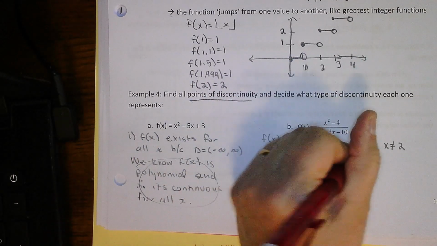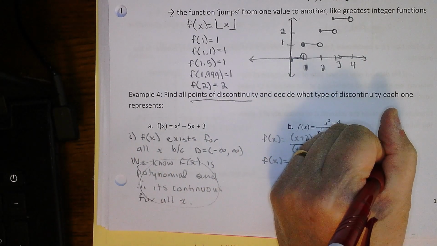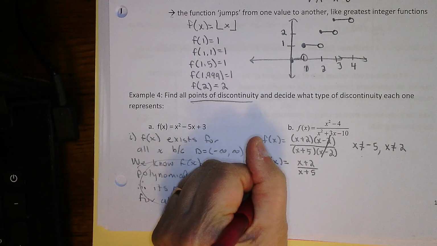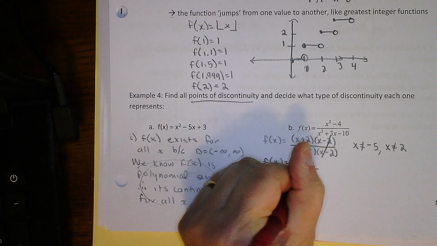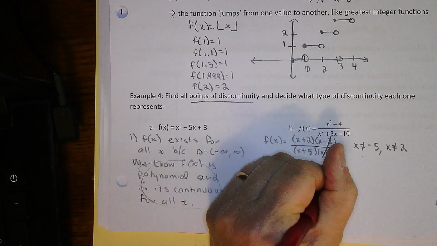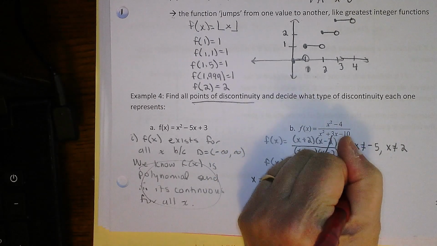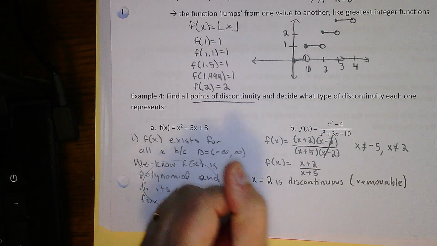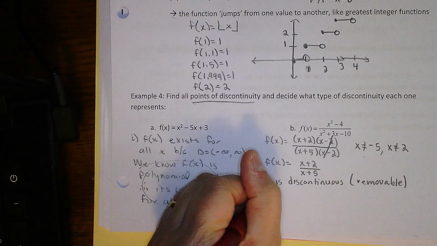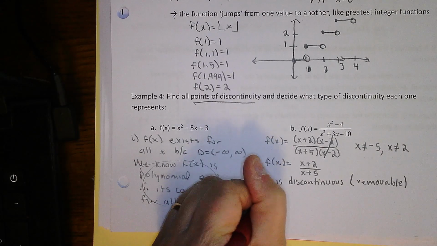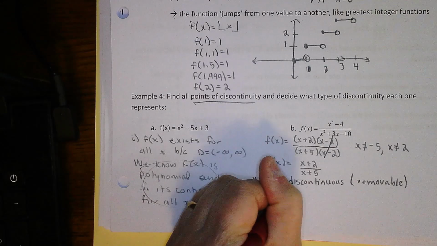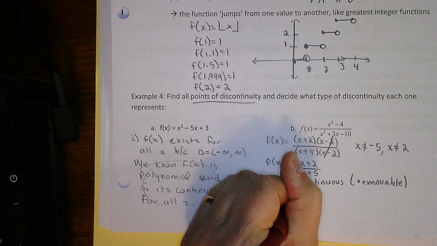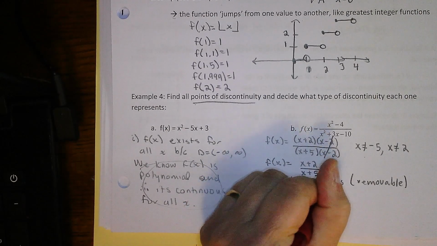F of -5 doesn't exist. F of 2 does not exist. Okay, but they exist in different ways. X equals 2 is discontinuous, but it is going to be a removable discontinuity. Why? Because the limit as x approaches 2 from the left, if I plug it into this reduced function, is 4 over 7, which is 4/7.